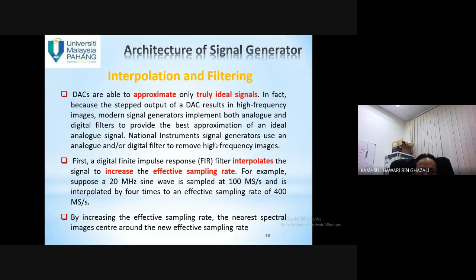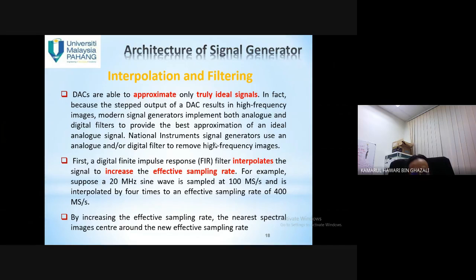Interpolation and filtering: DACs are able to approximate only a truly ideal signal. In fact, because the step output of a DAC results in high frequency images, modern signal generators implement both analog and digital filters to provide the best approximation of an ideal analog signal.